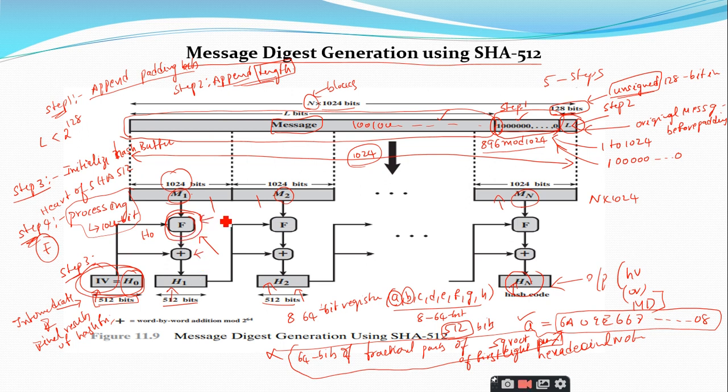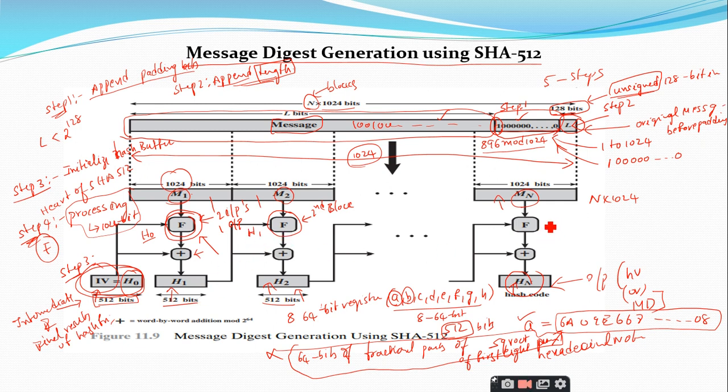So this F consists of 2 inputs followed by 1 output. What are those 2 inputs? One is M1 and the previous value of the buffer, H0. Similarly, the next function F has 2 inputs: M2, for the second block, and the previous hash value, H1.